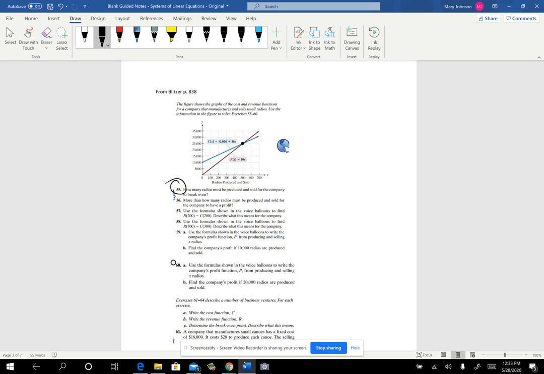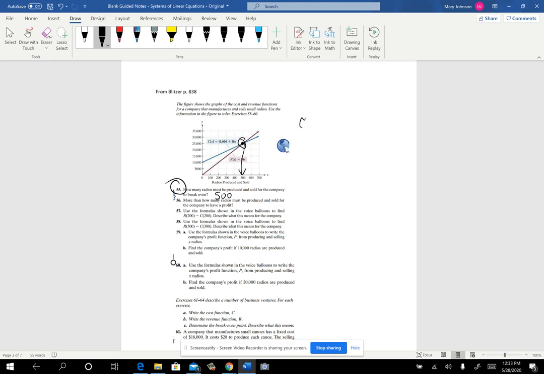That point of intersection tells us that if you make 500 radios, you're going to bring in $25,000, and that if you make 500 radios, it's going to cost you $25,000 to do that. But see how it's where the two intersect? That's the break-even point. So the answer to 55 is really 500.